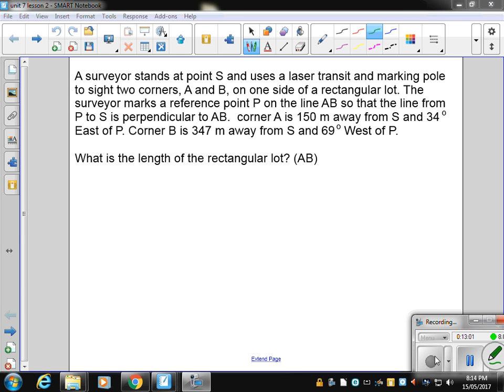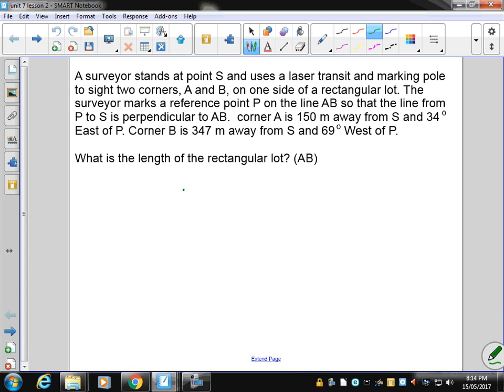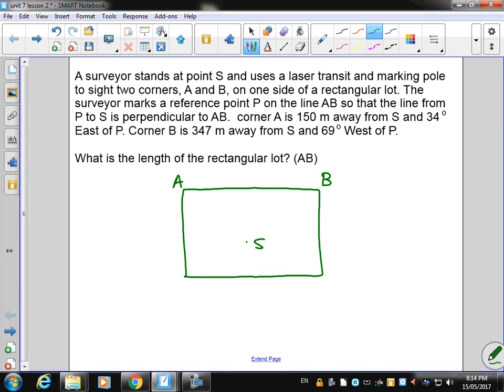So it's starting to get really confusing. We have a rectangular lot, and we have Buddy standing at a point S, and we don't actually know where that is, so let's put it there. Okay, and he uses a laser transit marking pole, so we can assume some accuracy to sight 2 corners A and B on one side of the rectangular lot.